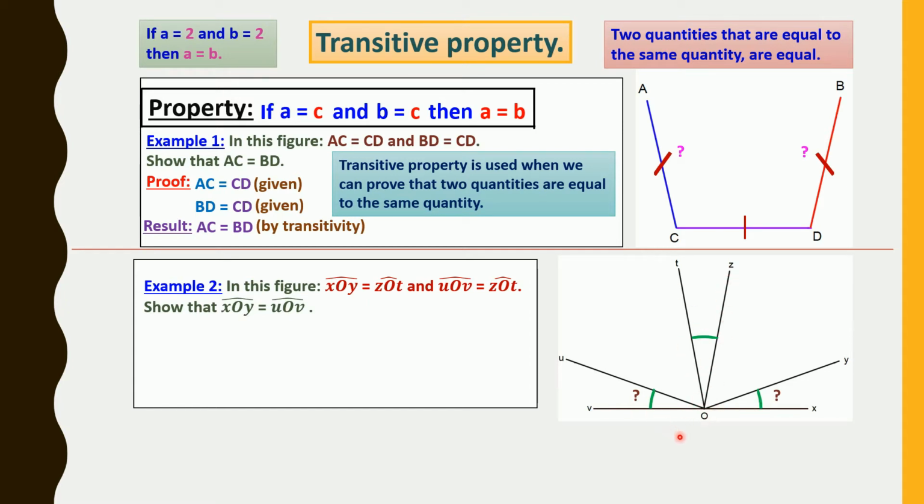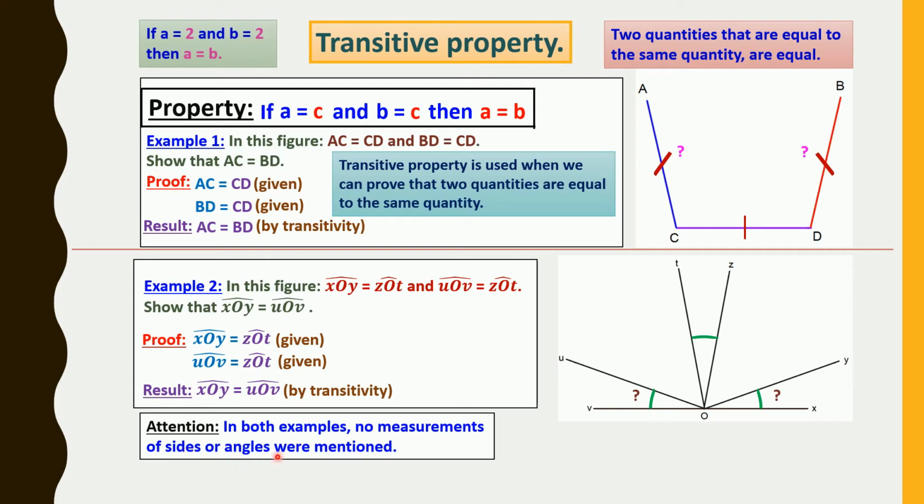By transitivity, we can prove that they are equal. So proof: since angle XOY is equal to angle ZOT, the reason is given. And since angle UOV is also equal to angle ZOT, it's also given. Result: angle XOY is equal to angle UOV by transitivity, because we used the transitive property.